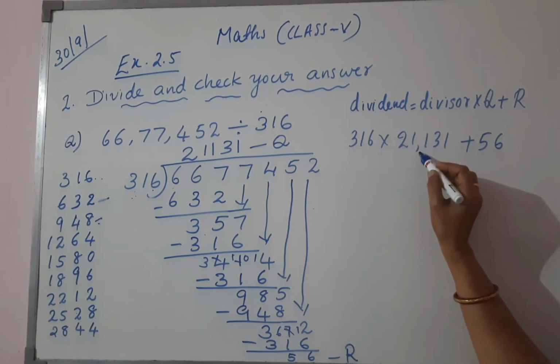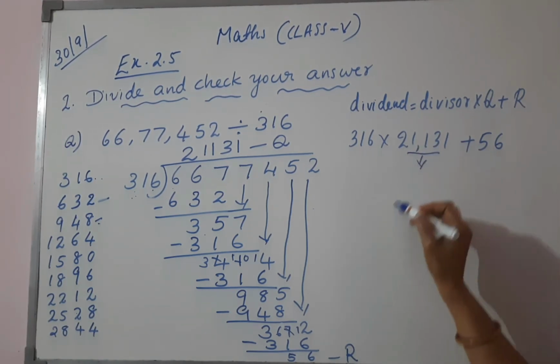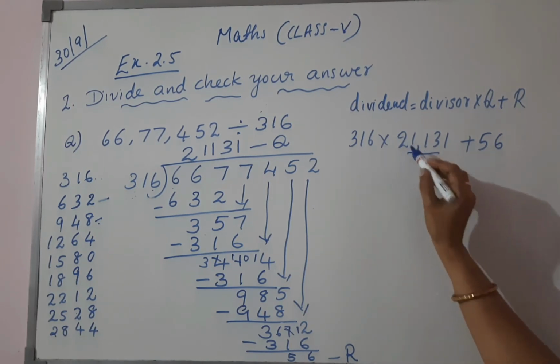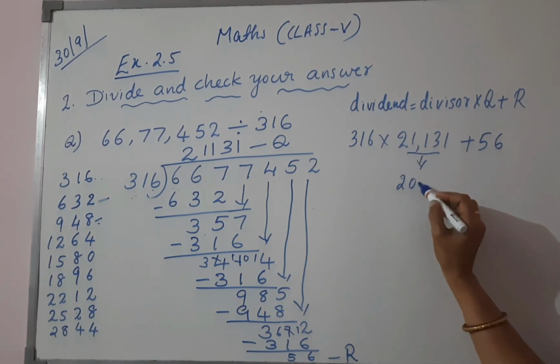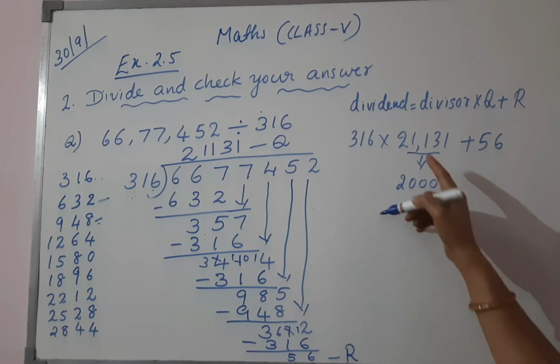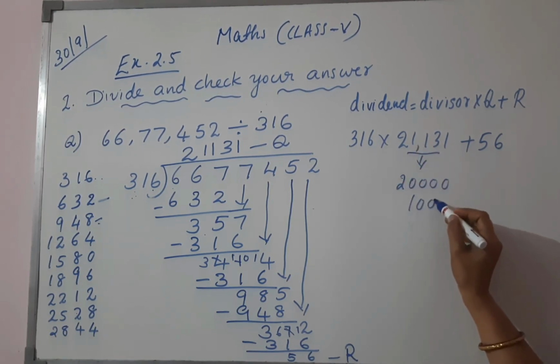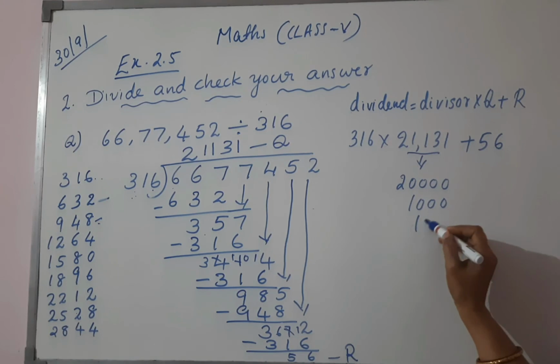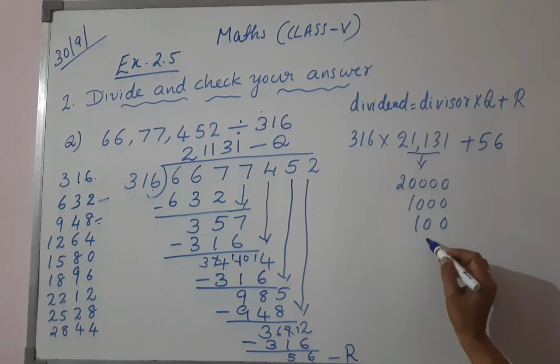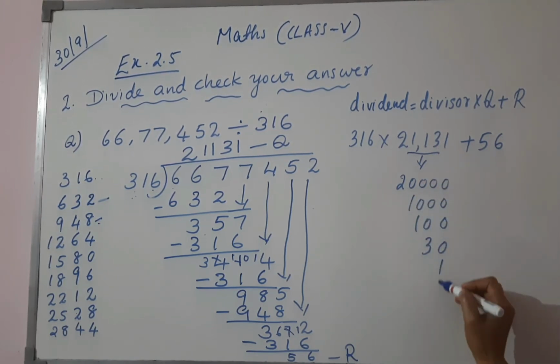So we can take the expanded form of this number. When you are taking the expanded form, 2 in the 10,000 place, so 20,000, 1 in the 1000 place, this is the 100 place, this 3 is the tens place, and 1.